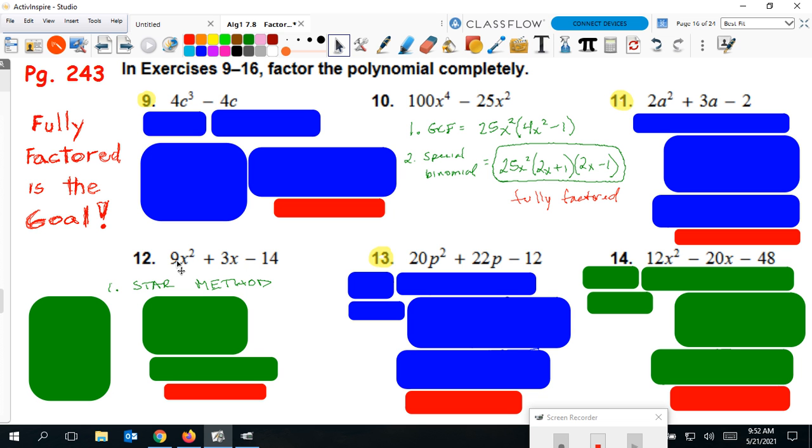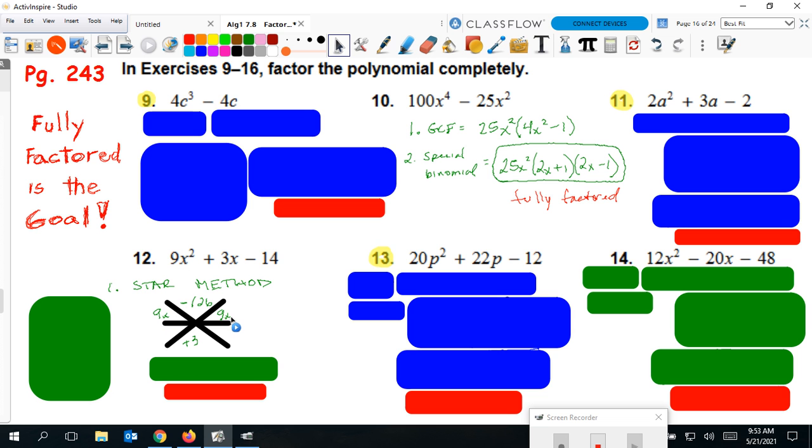There is no GCF. It's got a 9 in front, so it's going to require the star method for a trinomial. So as we do the star method, we multiply 9 times 14 on the top. The 3 would go at the bottom of the star. That's where we start this. So 9 times negative 14 is negative 126. Positive 3 goes down at the bottom there. And then 9x and 9x, that's how this starts. That would go up on top.